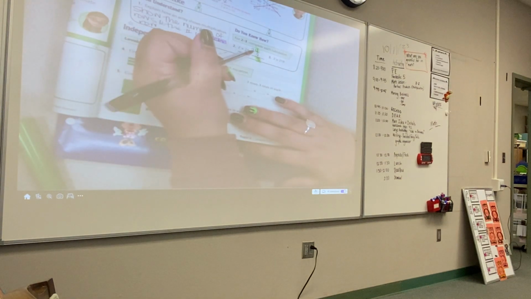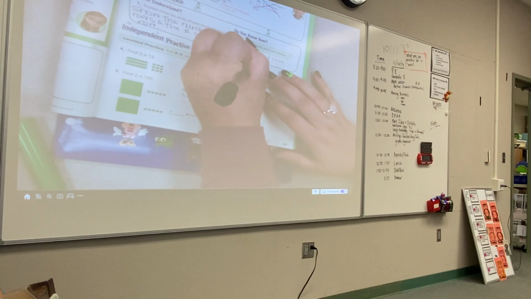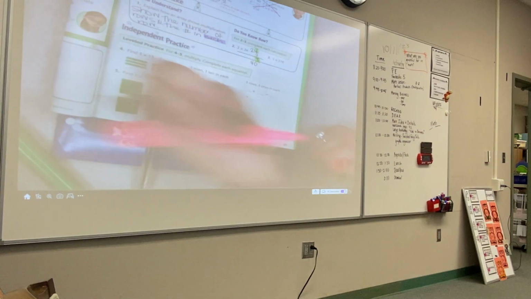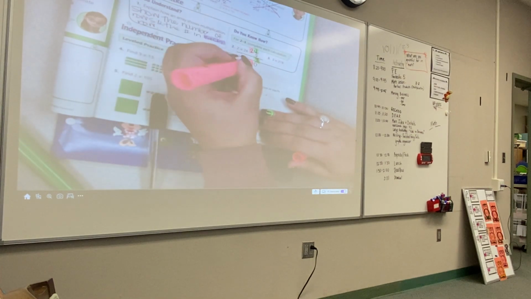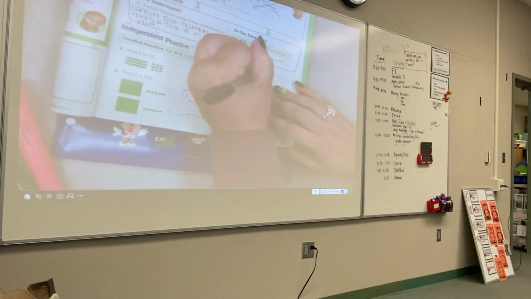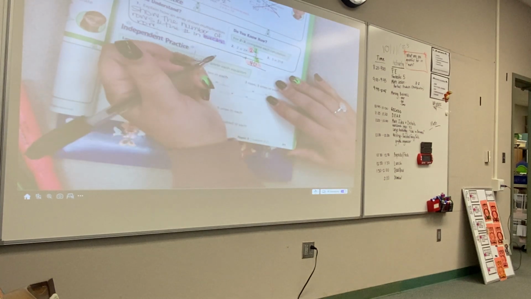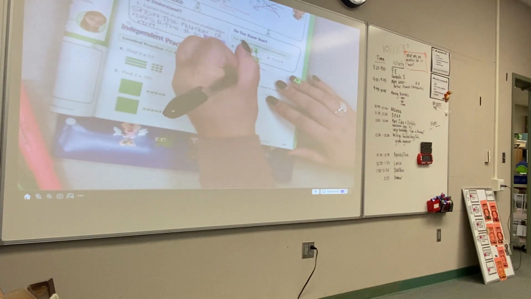Because it's in the tens place, so it's letting us know that there are 2 tens. So it'd be 40. So I forgot to highlight. So highlight the tens place, highlight the answer for multiplication in the tens place, and then you add it. 40 plus 8 is? 40 plus 8 equals 48.